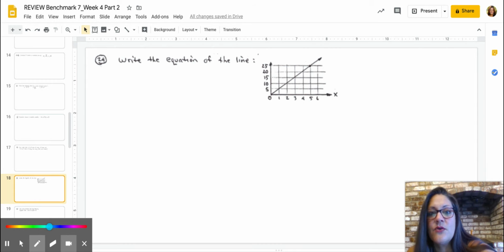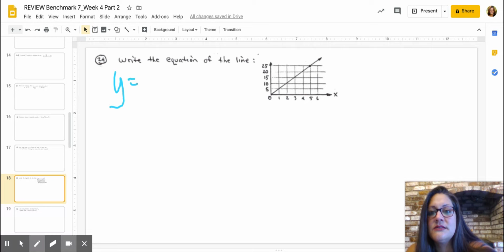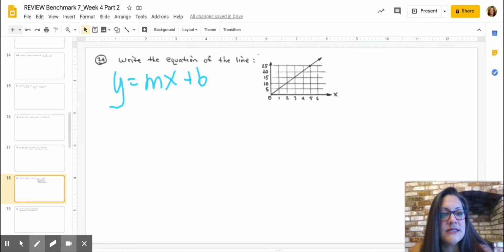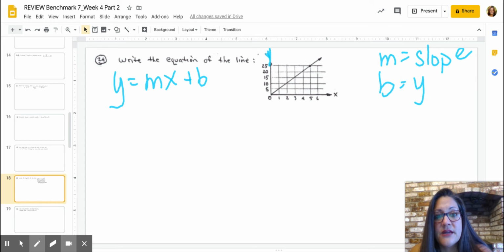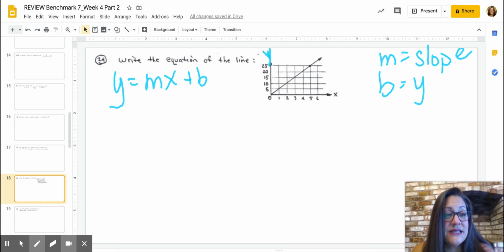And of course, our slope-intercept form would be y equals mx plus b, where m is slope and b is the y-intercept. And what that means is that's where the line crosses the y-axis, which is this one here. So when x equals 0, then b is wherever it crosses.